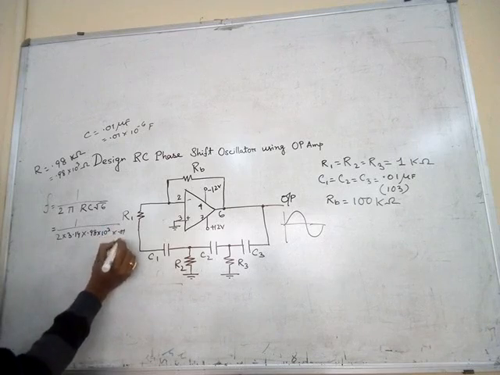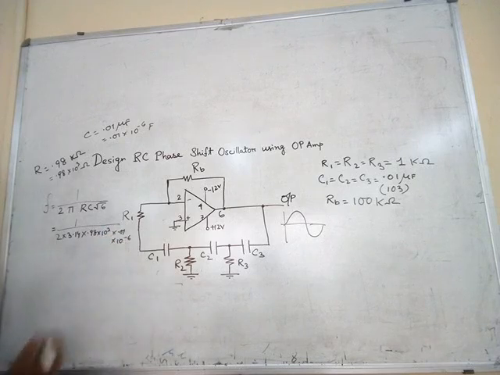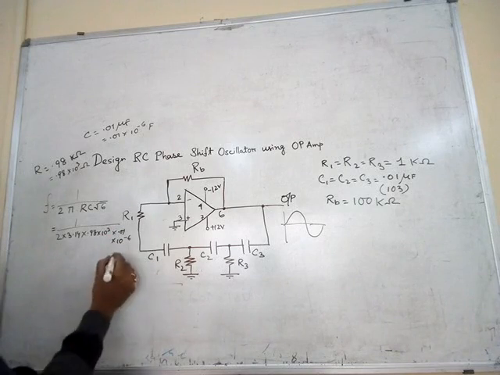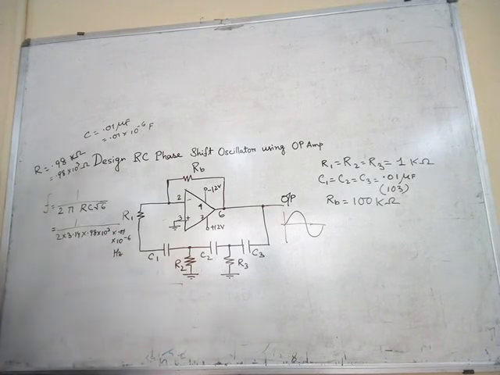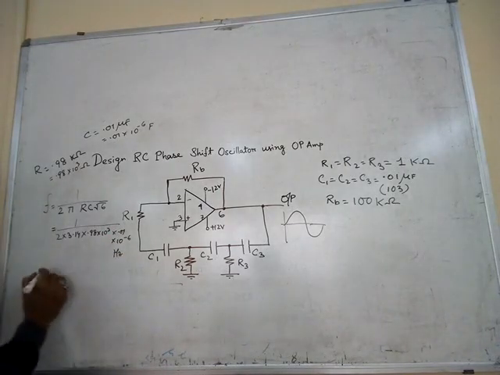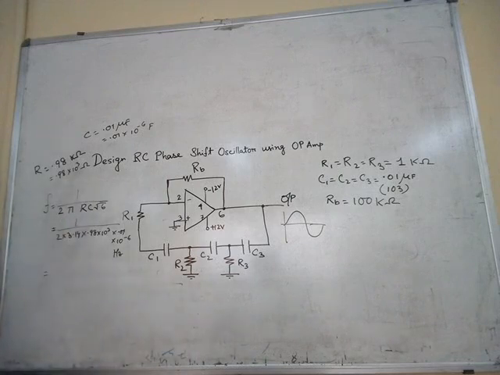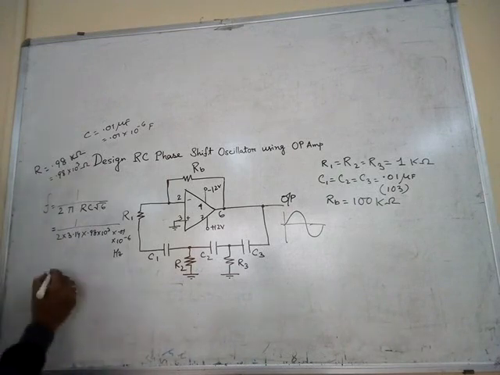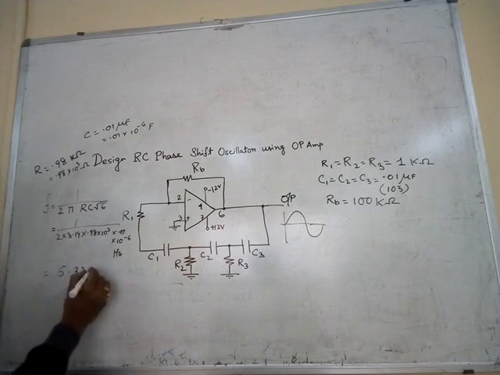The unit is hertz. If we calculate this equation, we get the value of F, that is 5.32 kilohertz.